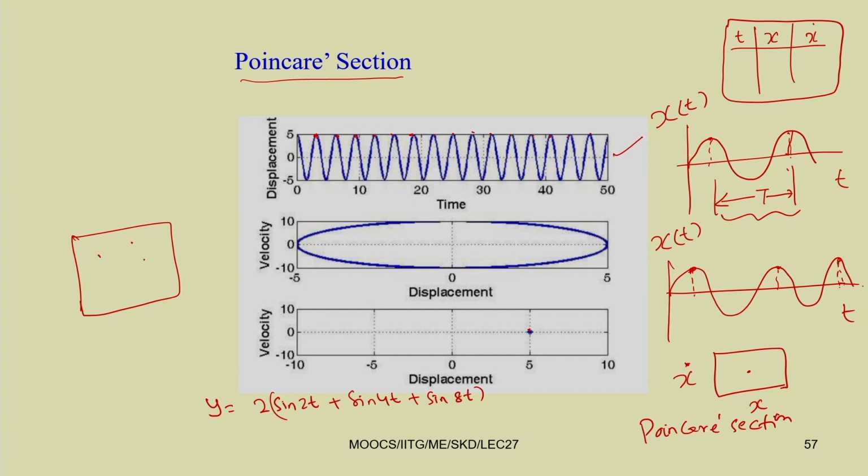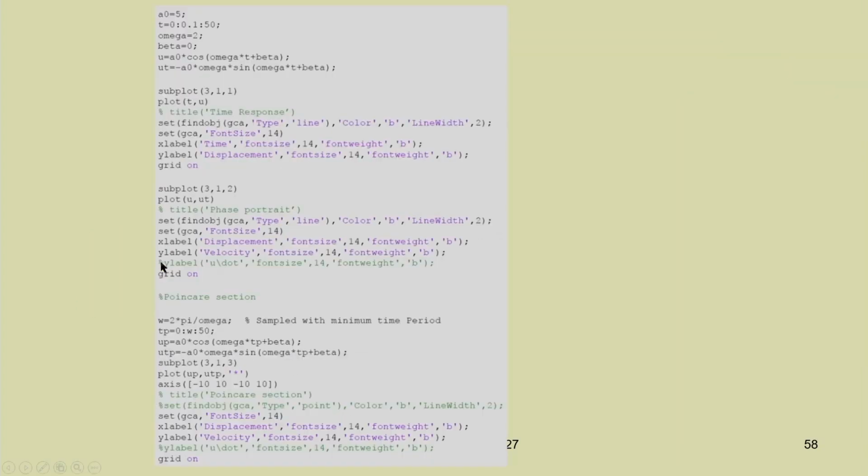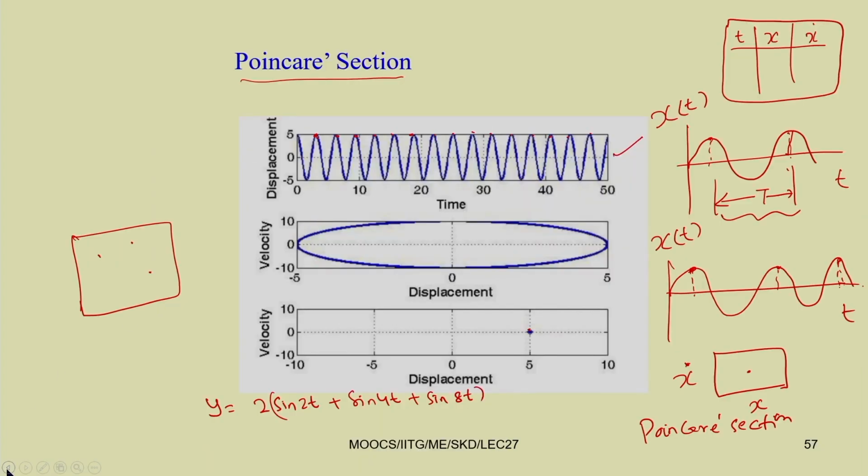For a 2 periodic response you will get 2 points, and for a 3 periodic response, here this is omega 1, omega 2 and omega 3, and your T1 will be equal to 2 pi by 2, T2 equal to 2 pi by 4 and T3 equal to 2 pi by 8.